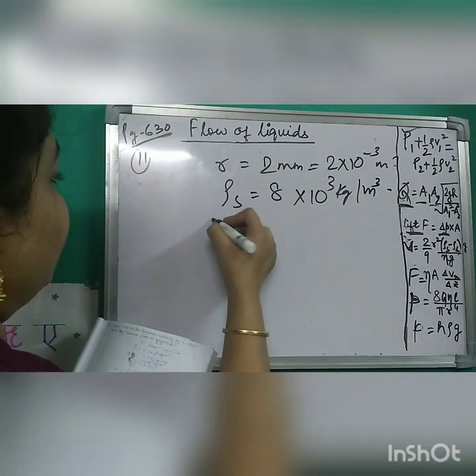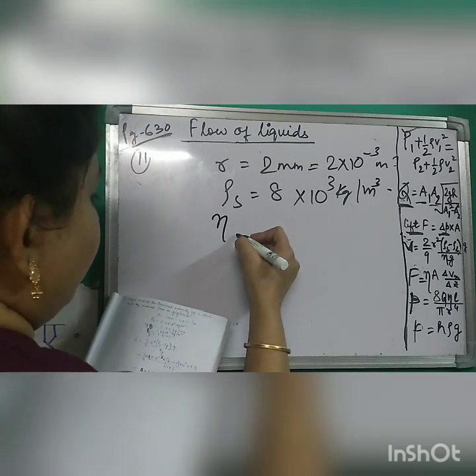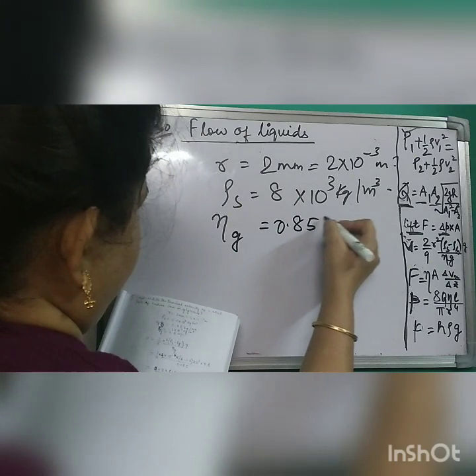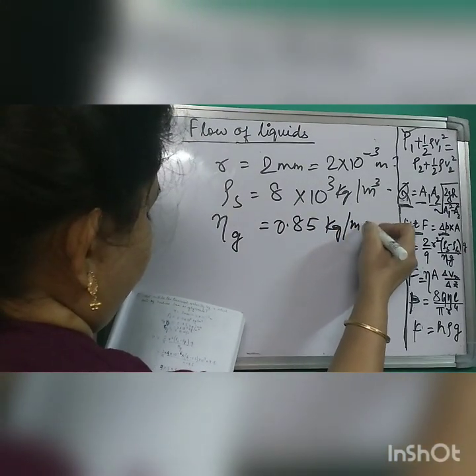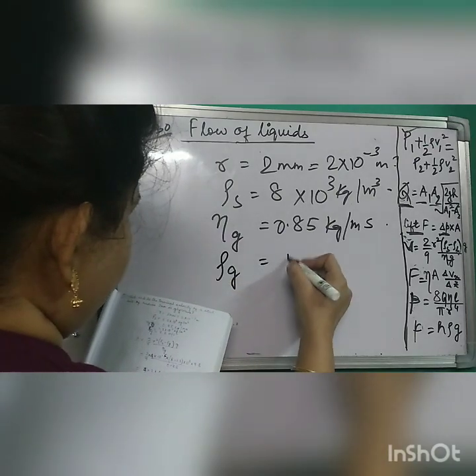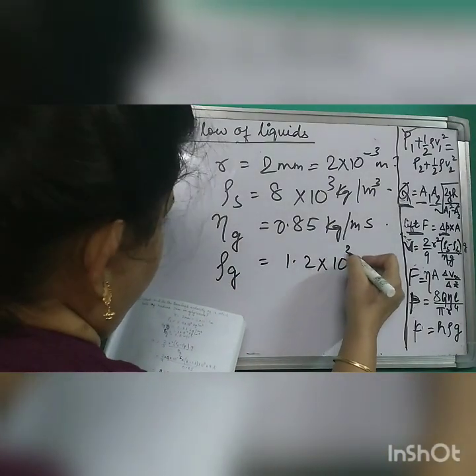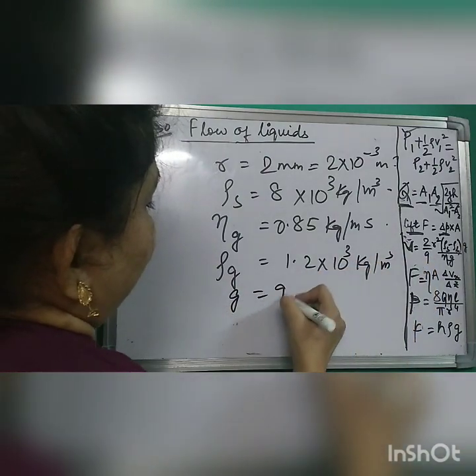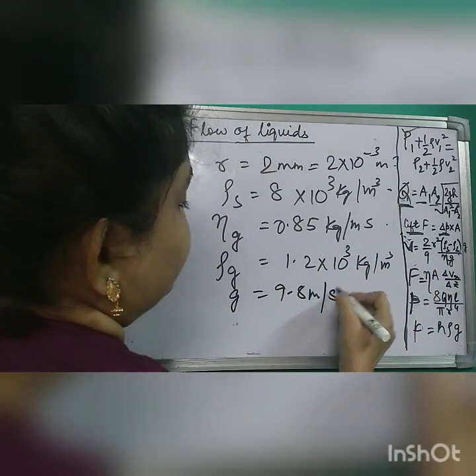The viscosity of glycerin is given as 0.85 kg per meter second, the density of glycerin is given as 1.2 into 10 to the power 3 kg per meter cube, and g you take as 9.8 meter per second square.